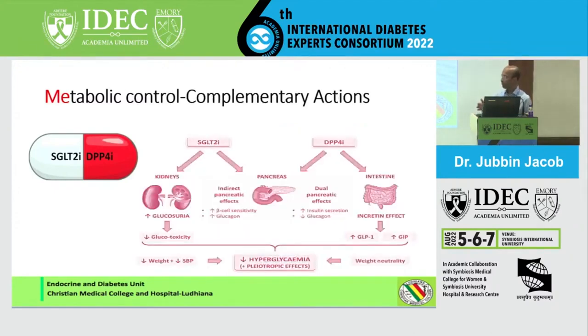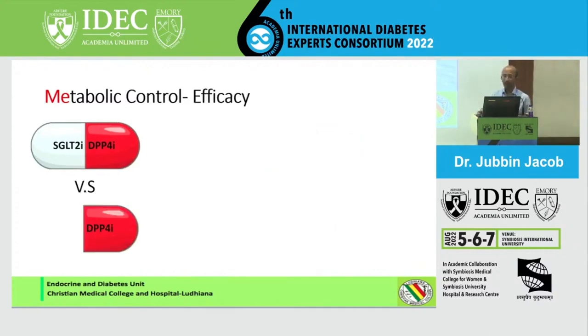It also has complementary effect. You know that when you lose glucose in your urine, you are going to have hyperglucagonemia. That is the response of the body when you lose calories. And you know that DPP4 inhibitors have direct action on alpha cells to reduce that hyperglucagonemia. So it has complementary actions.